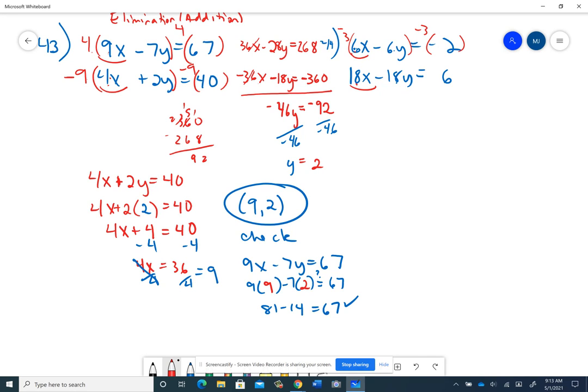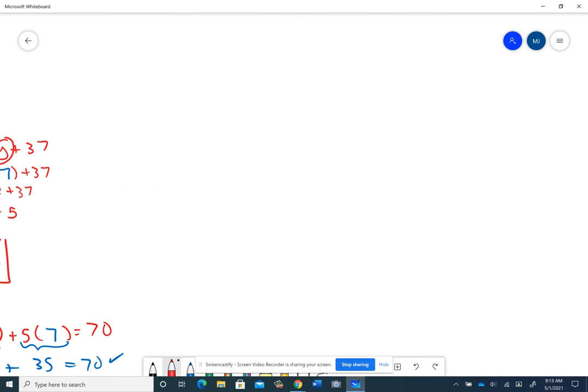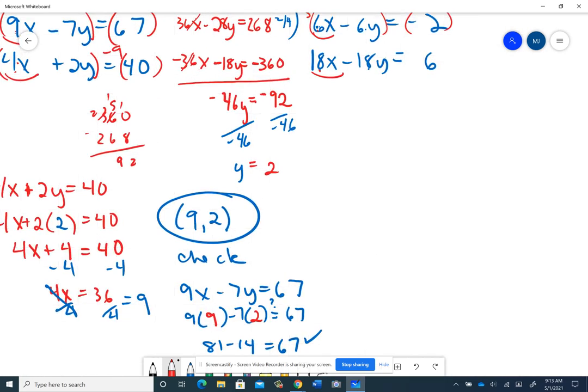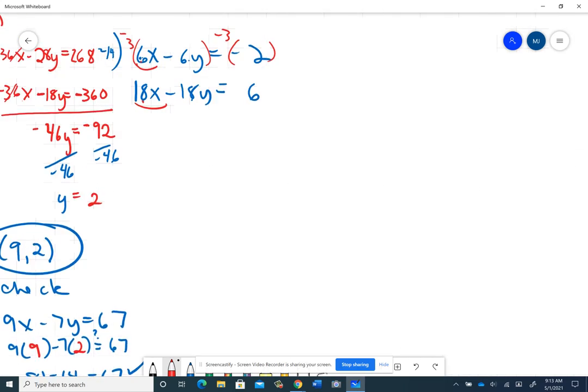Okay, bring this over. There we go. Okay, so then I would get negative 18x plus, see the negative 3 and the negative 6y would be plus 18y. Negative 3 times negative 2 would be plus 6.